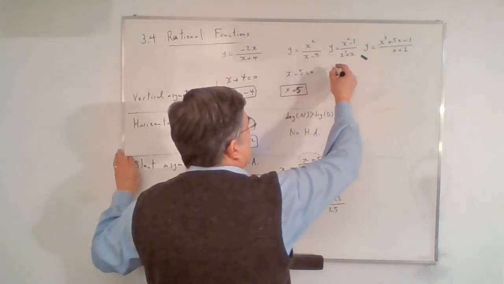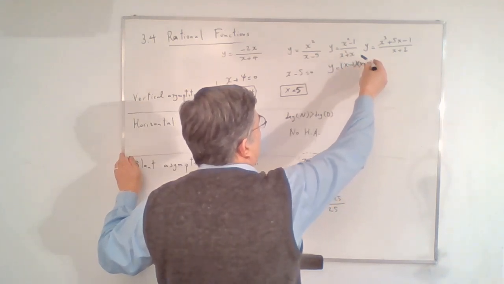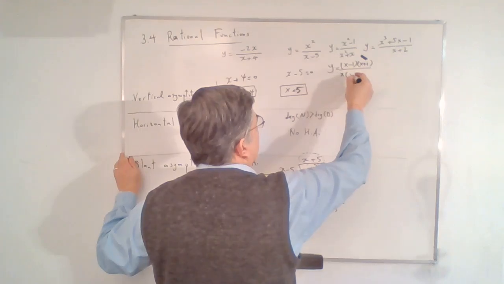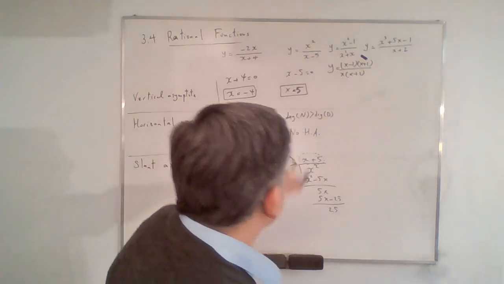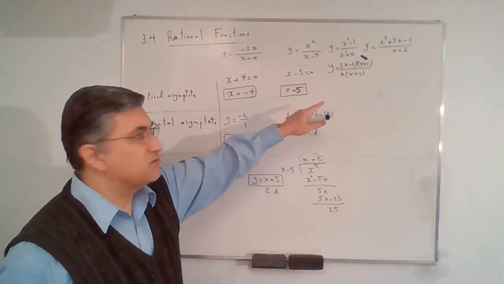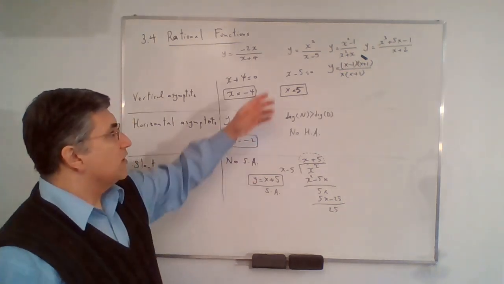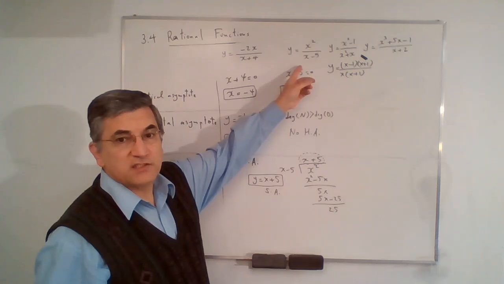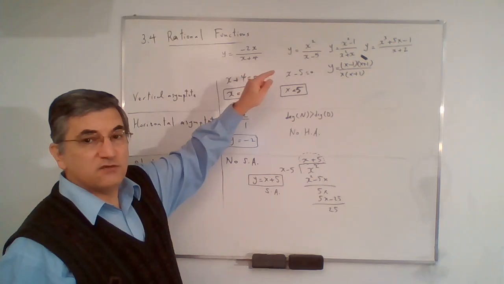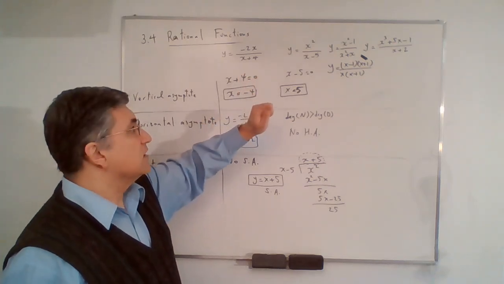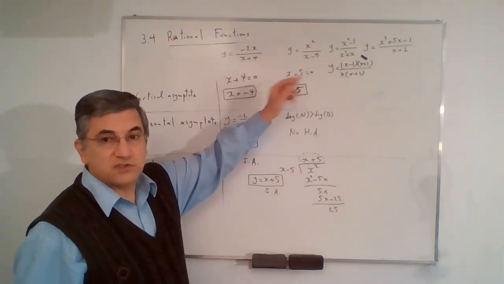if you factor the numerator, it would be x minus 1 times x plus 1 over x times x plus 1. So you might notice that the factor of x plus 1 is a common factor in the numerator and denominator. So in this past exercise, for example, when x was approaching 5, y was approaching infinity, meaning that x equals 5 was the vertical asymptote, because the numerator would approach 25, but the bottom would approach 0.